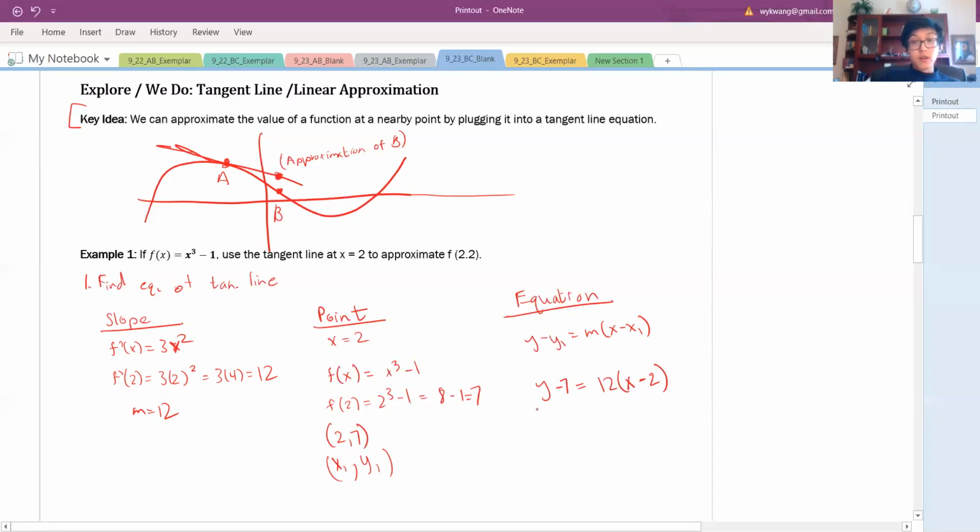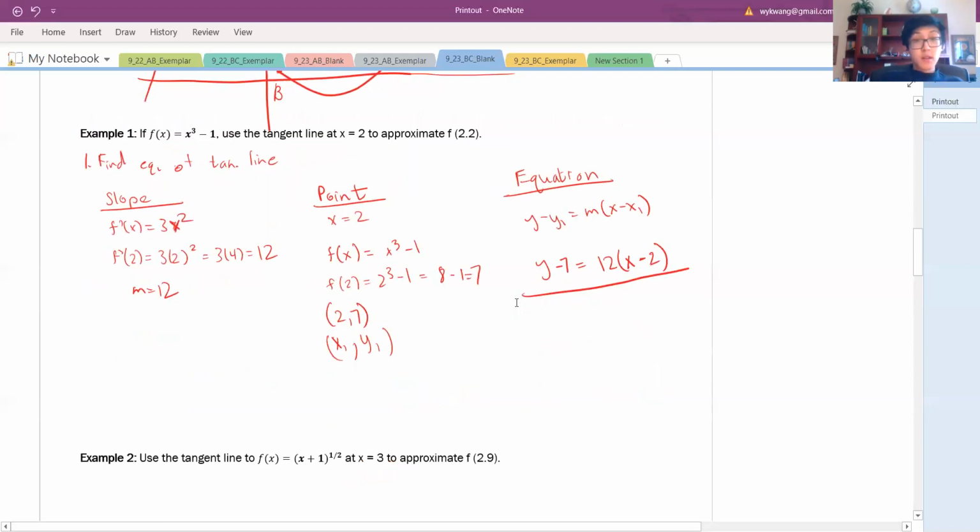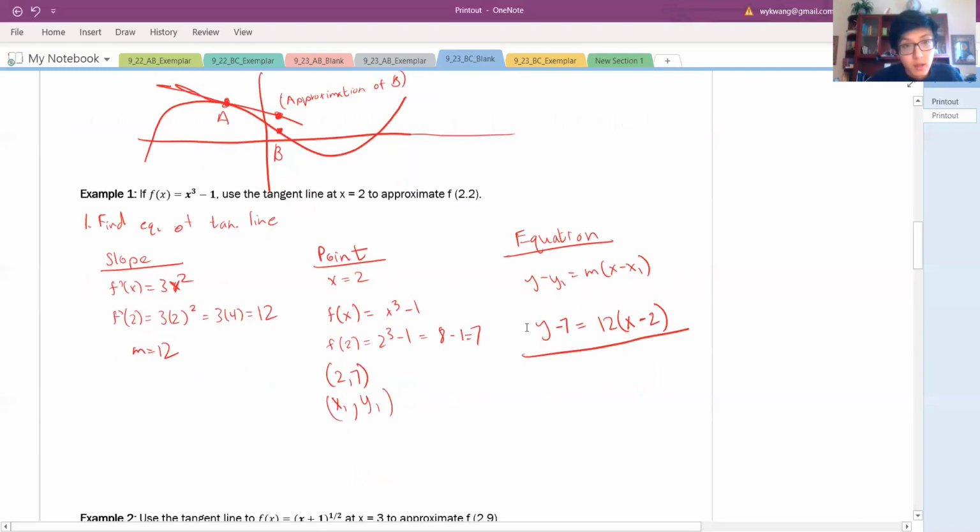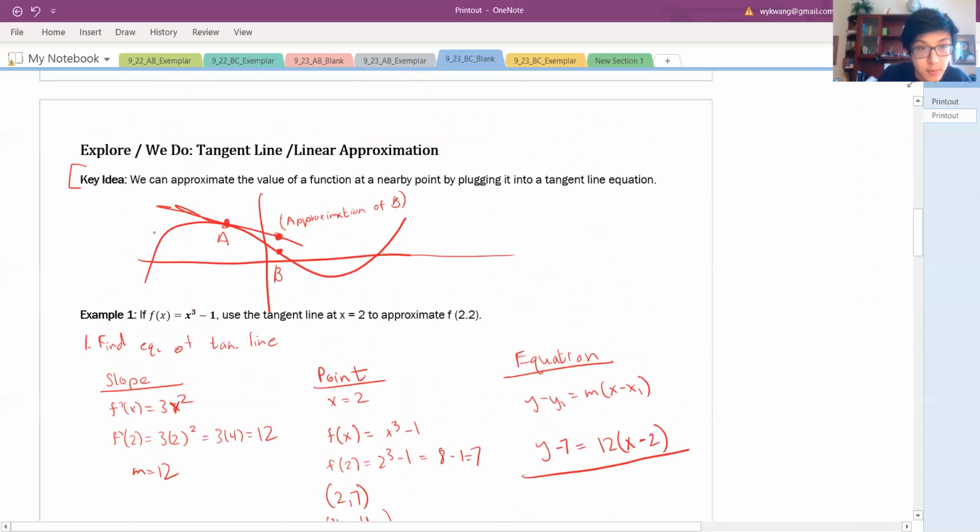So cool, that's our first part, and that is a big part of the battle for linear approximation. We found our equation, our tangent line. We don't know b, but we want to find the approximation of b.